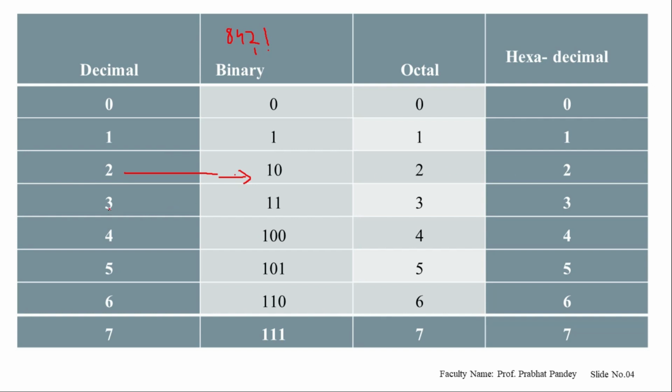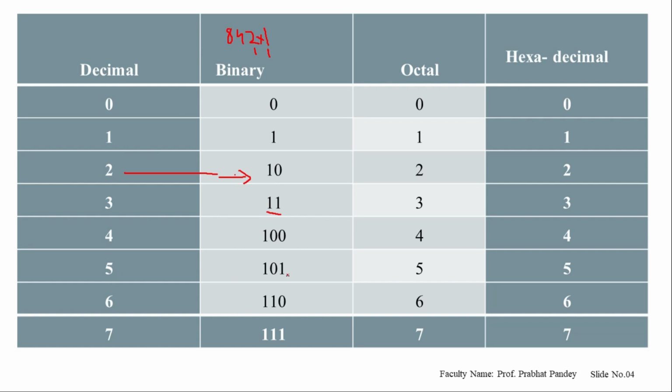Now for representing decimal 3 in binary, we need to make bits 1 and 2 high, so we write 1 1. So 2 plus 1 becomes 3. For 4, we need to make the third bit high, so 4 corresponds to 100.